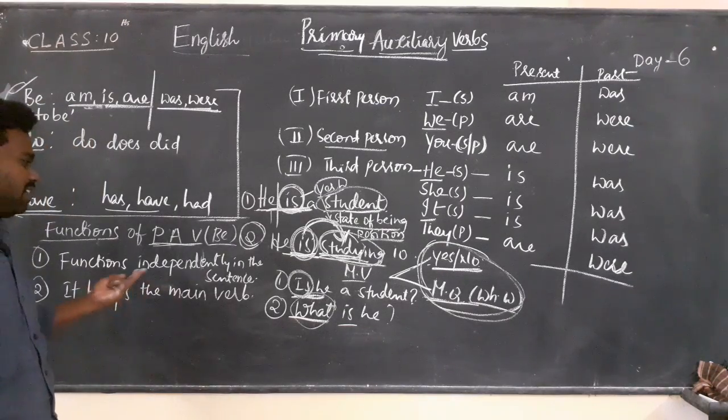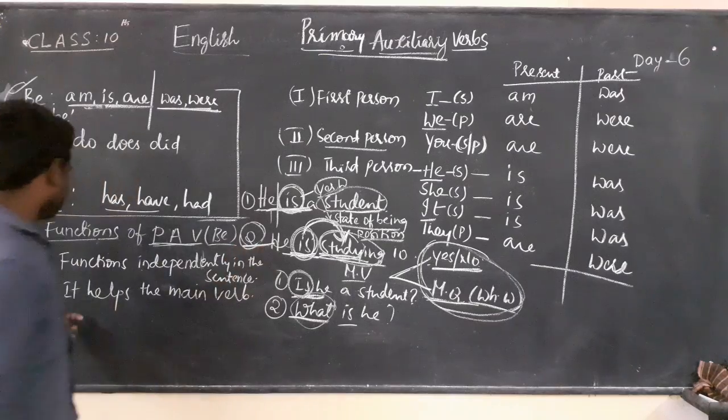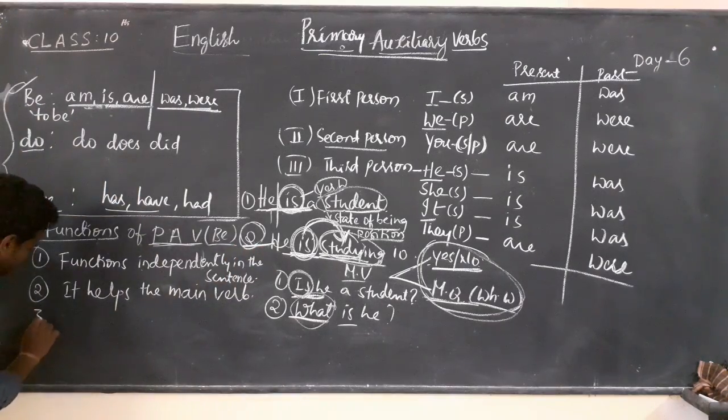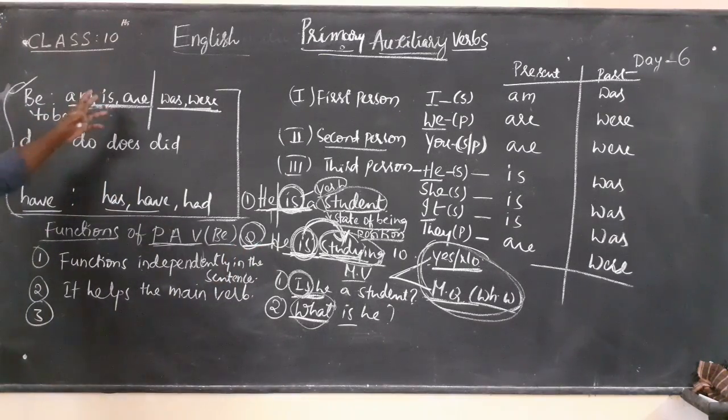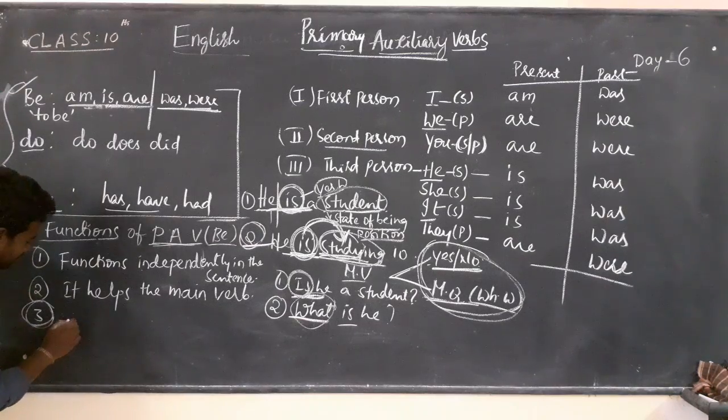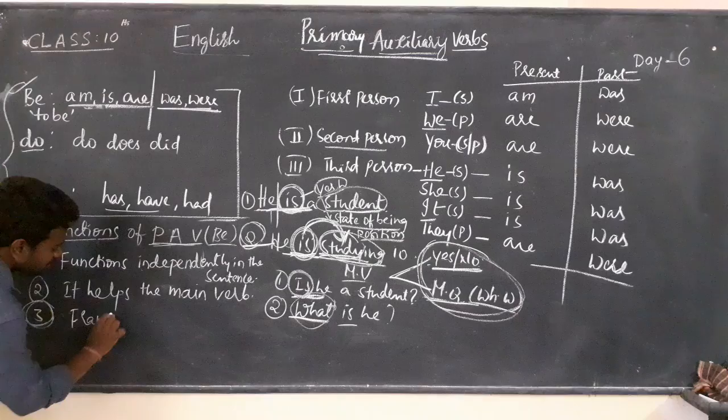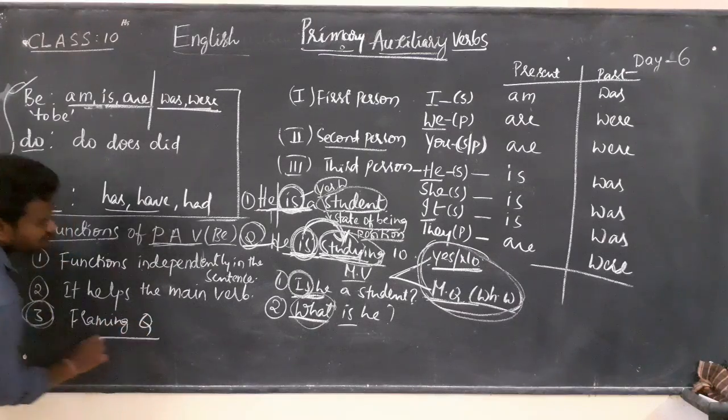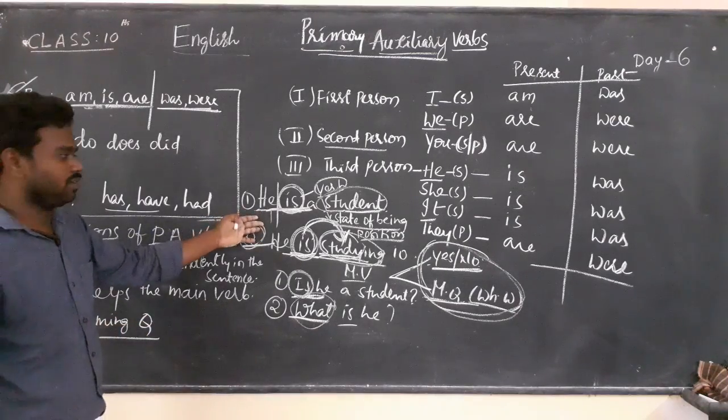So what is the third use? Primary auxiliaries, either be forms or do forms or have forms, are used to frame questions. You got the idea.